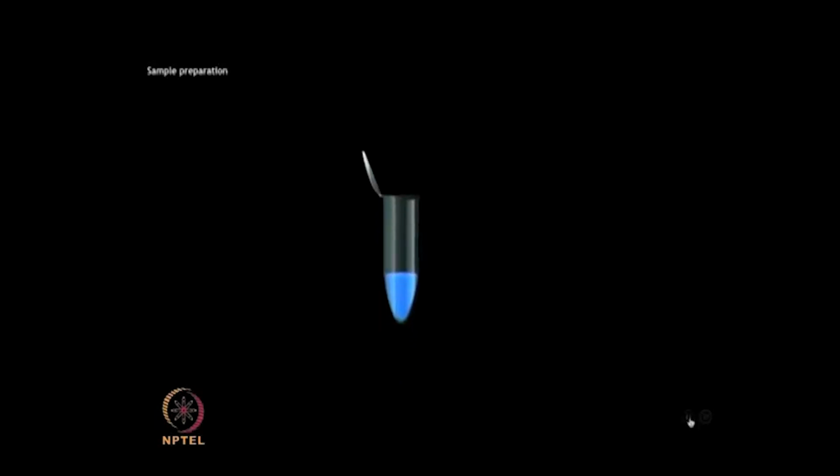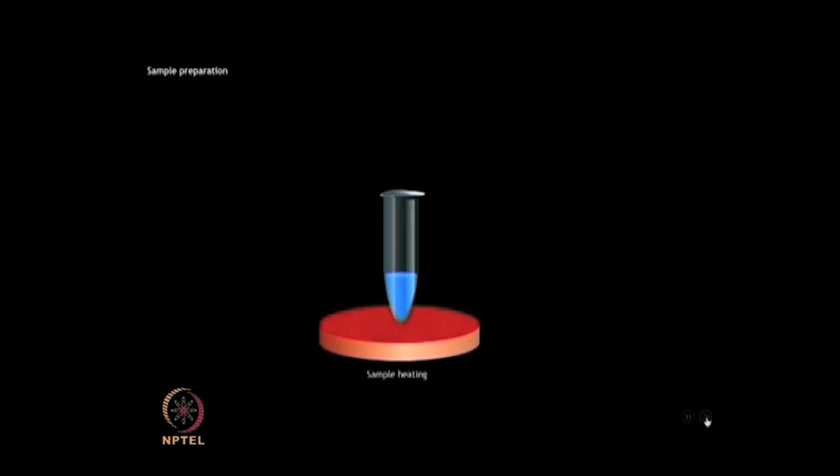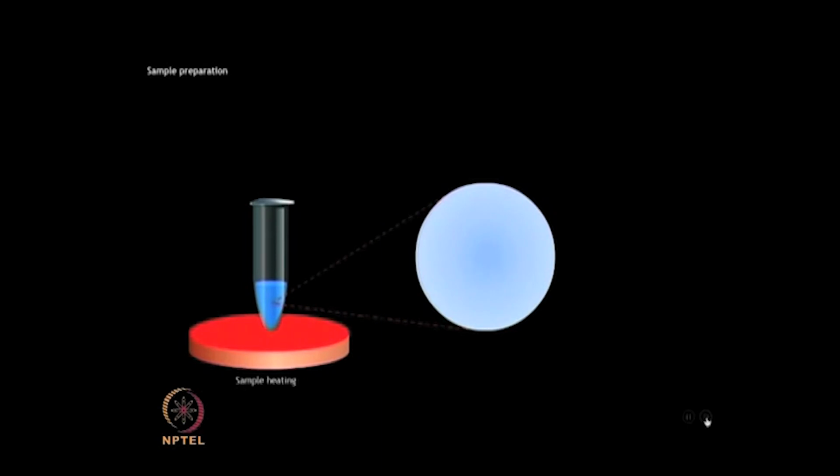SDS is a negatively charged anionic detergent that binds to protein molecules and causes them to denature. The DTT used breaks any disulfide linkages that may be present. During the process, you boil or heat your protein samples to denature the protein. Now, the negatively charged SDS molecule will bind to the proteins and denature them.